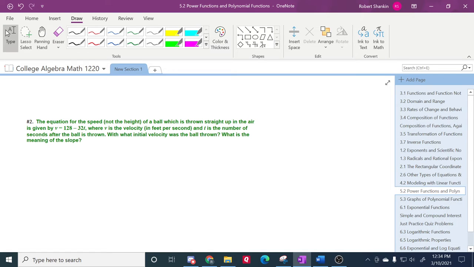So this is an equation, kind of like y equals mx plus b, and there's a slope in there, and there's a y-intercept in there, and it's asking about those things.